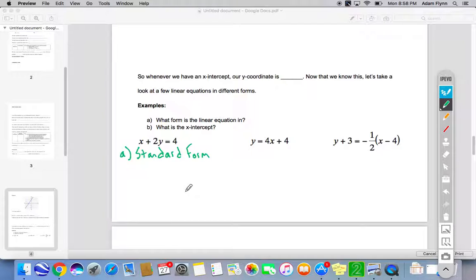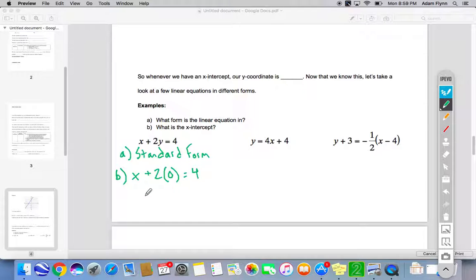So to find the x-intercept, we just said that whenever we have an x-intercept, our y-coordinate is 0. So to find the x-intercept of this equation, I need to solve for x, but instead of plugging in y, I'll plug in 0. So I have x plus 2, instead of y, I'm plugging in 0, equals 4.